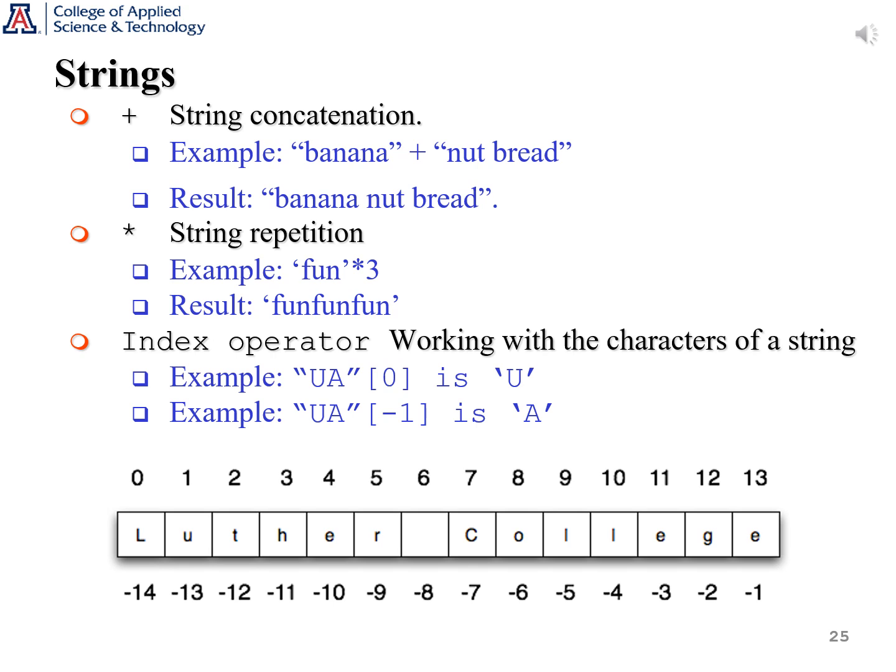For example, in the string shown, Luther College, the 14 characters are indexed left to right from position 0 to position 13. The positions are also indexed from right to left using negative numbers, where -1 is the rightmost index, and so on. Note that the character at index 6 or -8 is the blank character.